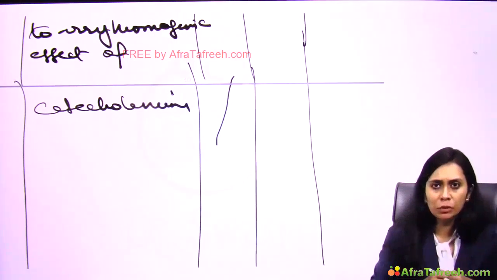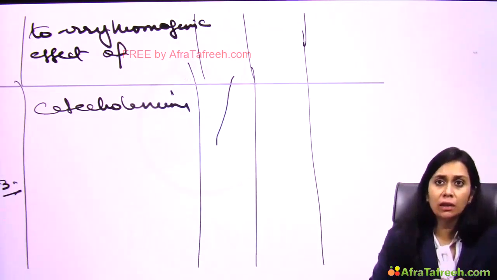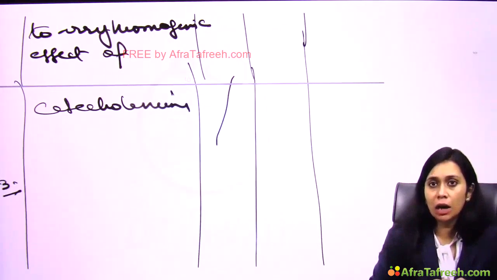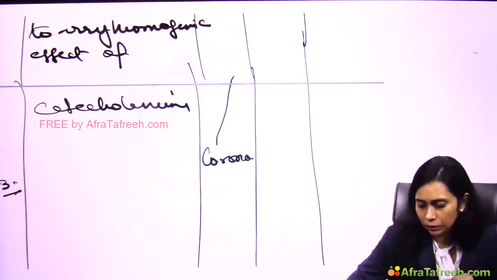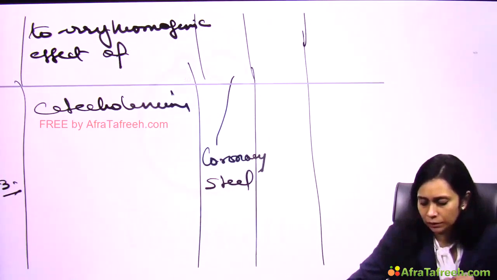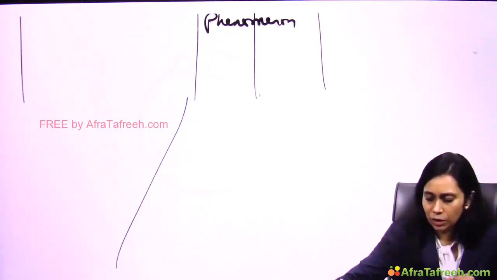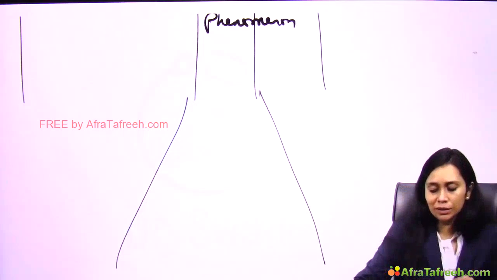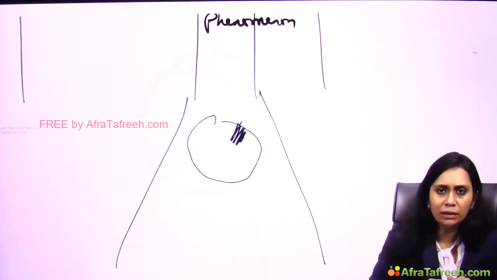Right? Okay, third effect. A special effect produced by only one inhalational agent, isoflurane. Isoflurane produces a unique phenomenon on the heart, the coronary steal phenomenon. What is this coronary steal phenomenon produced by isoflurane? Guys, this is the heart, let's say it has an ischemic area and blood flow to this area is less.